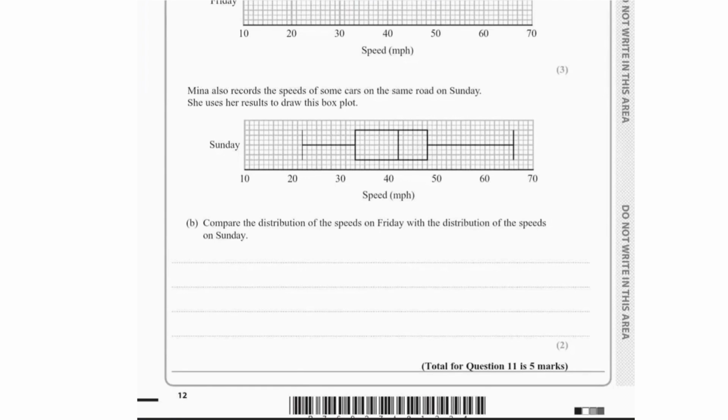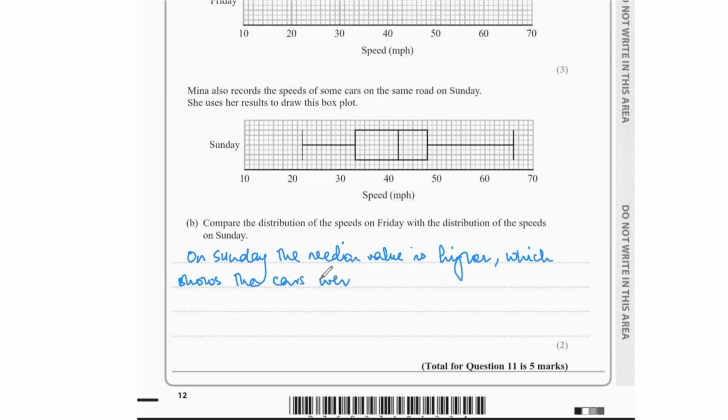So clearly on Sunday, the median value is higher, which shows that the cars were comparatively faster on Sunday.